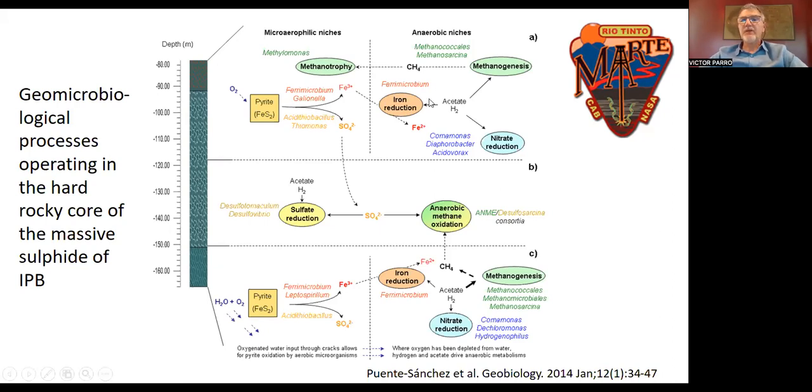So all these microbes were identified with different probes, and they might be able to perform these metabolisms.